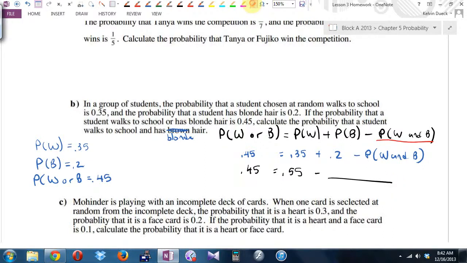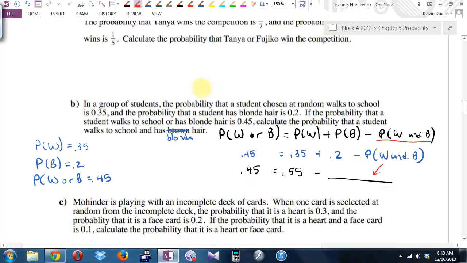We're doing equation solving, right? So I just dropped that down, and I said, those are like terms, minus, and this is what I want right here. My argument is, I think, 0.1. We have to solve it, right?